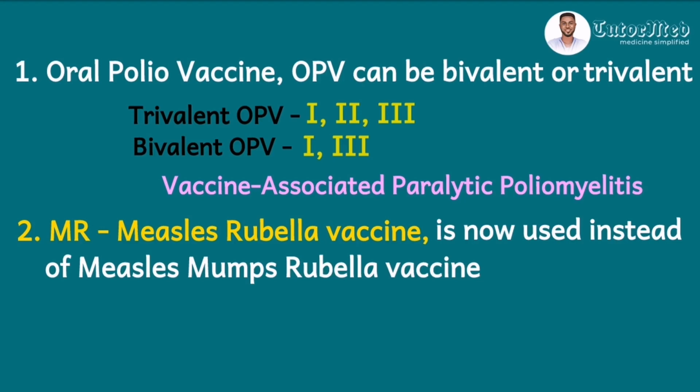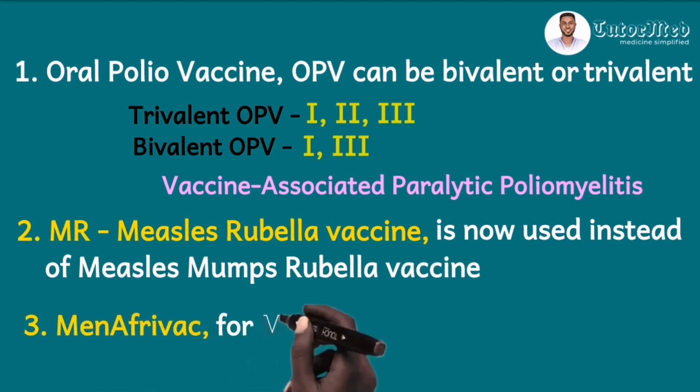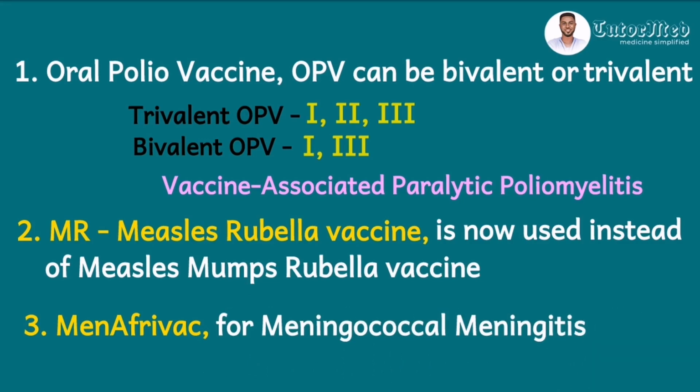Then the last point is that Menafrivac is a vaccine for meningococcal meningitis, and it was added to the schedule since the year 2012. And so with these in mind, let's get to today's discussion properly.